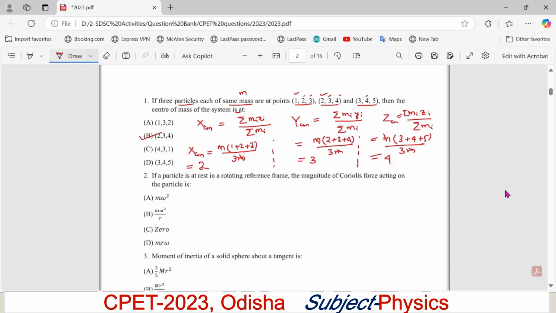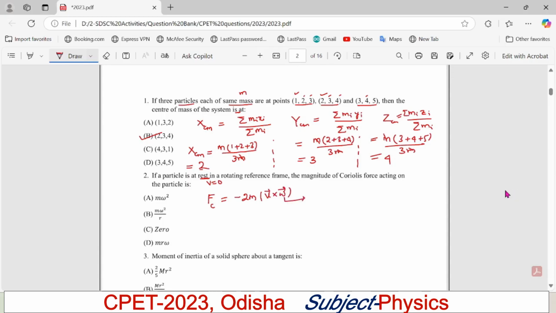In the second question, it is asked that if a particle is at rest, rest means velocity will be 0, right? In a rotating reference frame, the magnitude of Coriolis force acting on the particle is, here four options are given. See, in general, Coriolis force is written as minus 2m, mass of the particle, velocity of the particle into angular velocity of rotating frame.